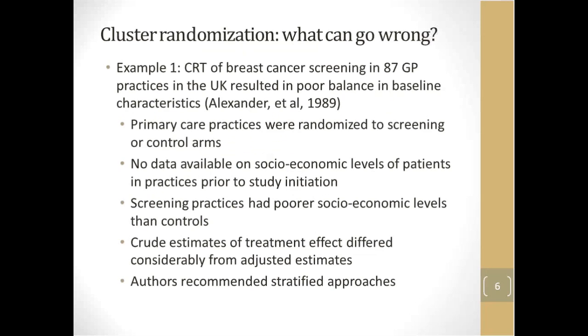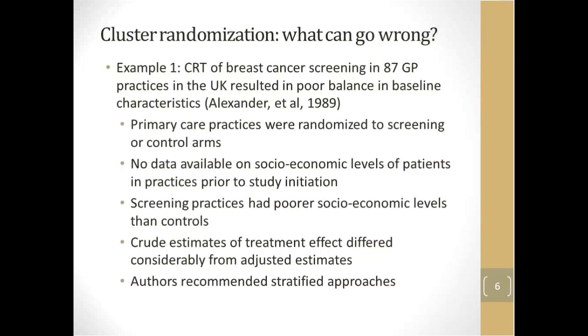So, cluster randomization, what can go wrong? I have a couple of key examples. This one is one of the earlier cluster randomized trials that was done in the UK, and the unit of randomization was a GP, a general medical practice. And there were two arms.